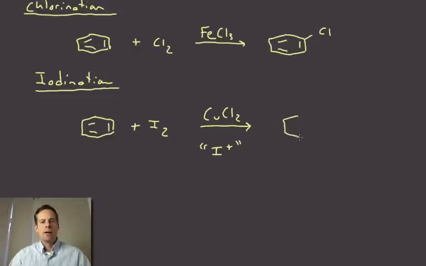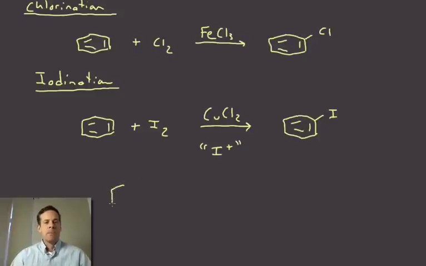And if we treat this reaction then with copper dichloride, we will be able to iodinate our benzene ring. Now, we're not actually going to go through the details of what specifically is happening when we mix these two together. It's more details than we care about. All you need to know is that this is generating the equivalent of an I+.